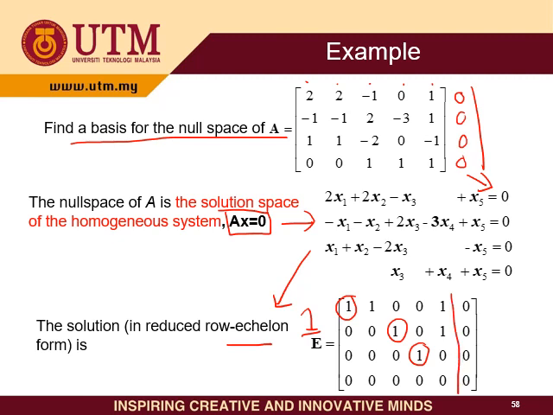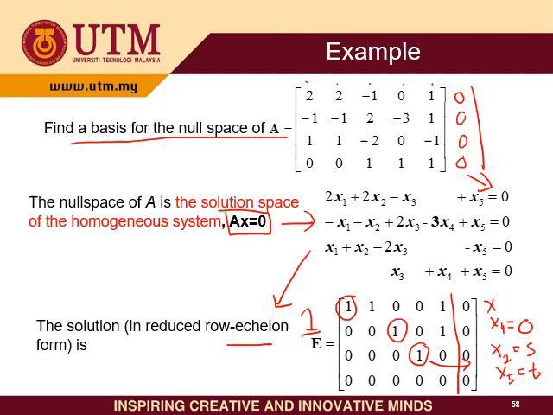So we have our x2, let's say it is s, and our x5, this is a free variable. We give it t, for example. Then solve for the remaining variables, x1, x3 and x4. Let's say x4 is equal to 0 here, because there is nothing here.